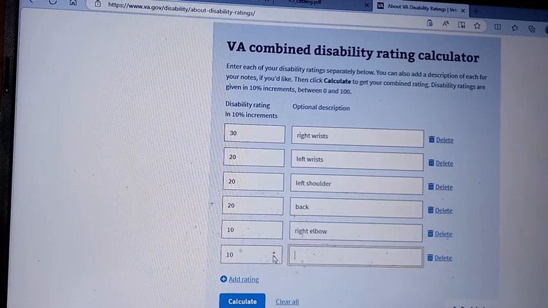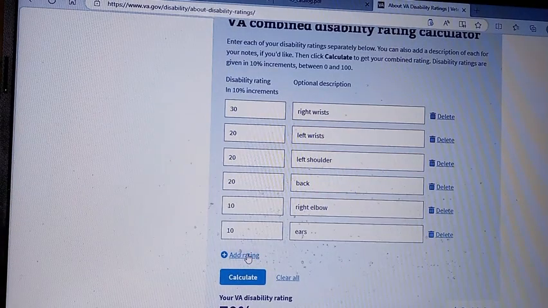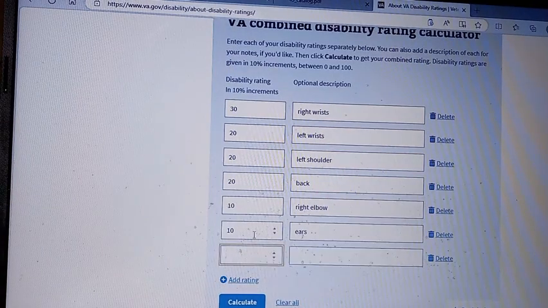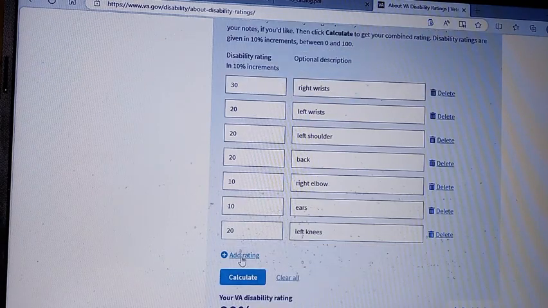10% ears. Calculate. Still the same. Add rating. 20% left knee. Calculate. 80%.